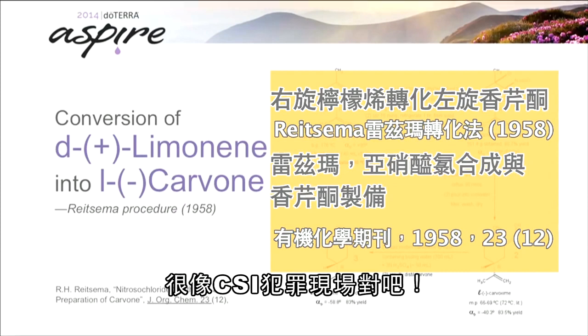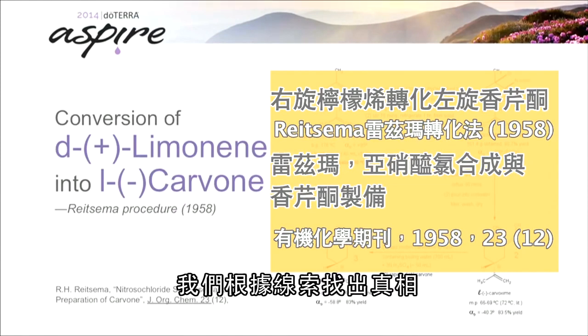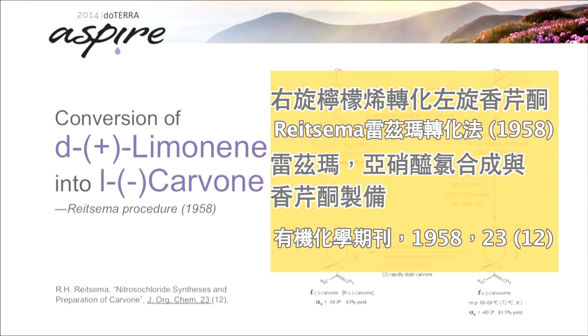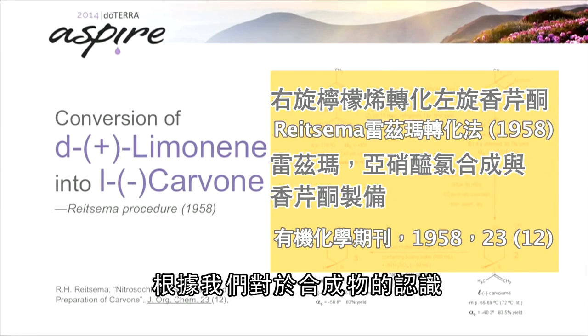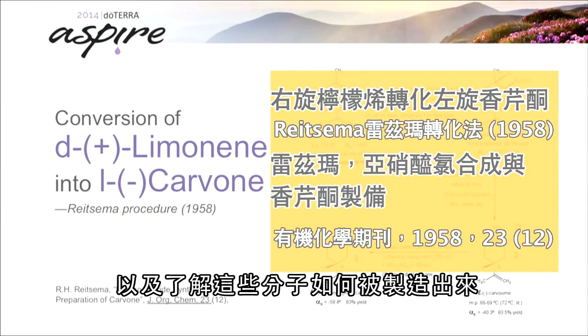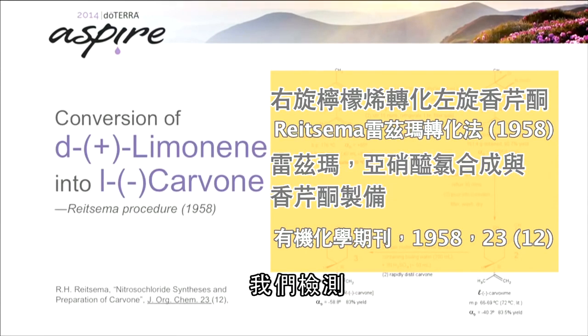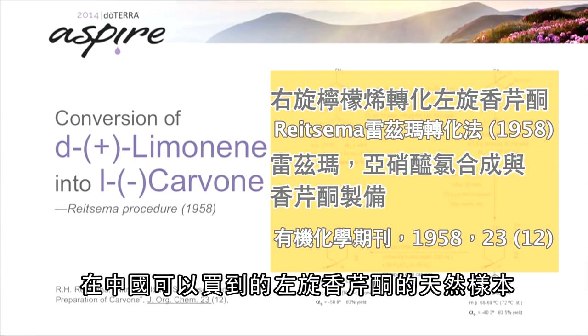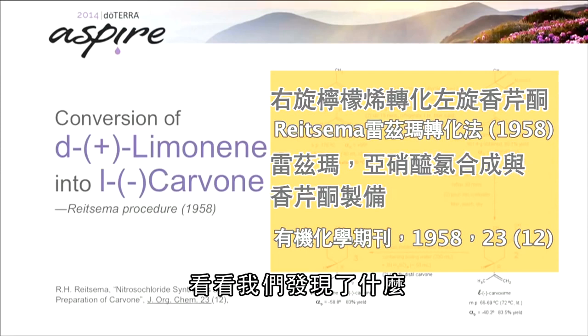This is a lot like CSI, okay? We follow the clues until we figure things out. And lo and behold, based upon our knowledge of the synthesis and how these molecules can be made, we look at a pure sample of L-carvone that's available commercially from China, and look what we find.